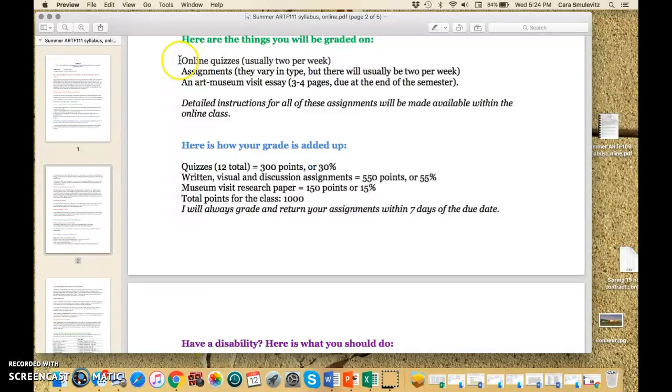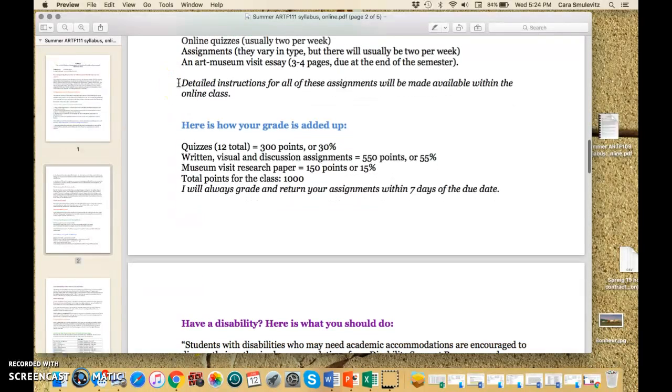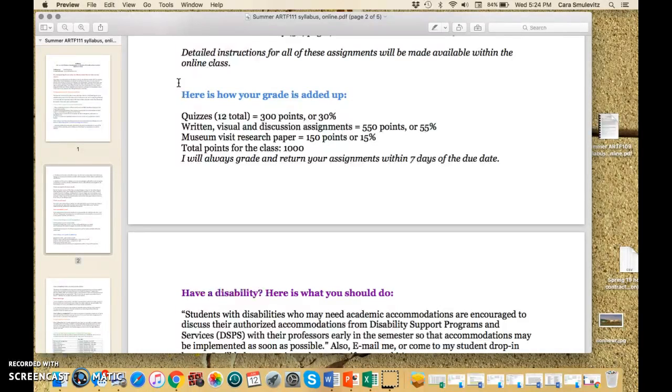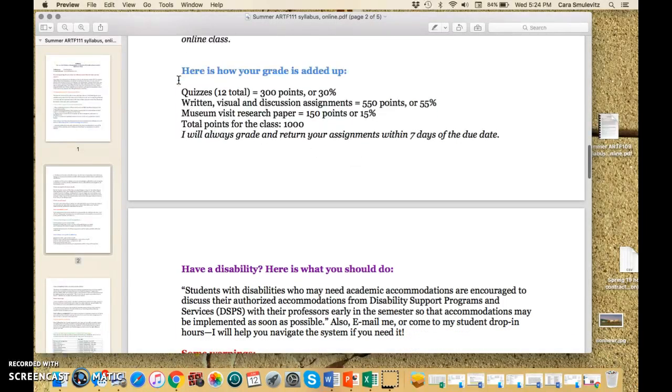So you've got quizzes, assignments every week, 2 per week if you were in the summer class, and then at the end you've got this art museum visit essay. There's instructions for all of this online. So you don't need to remember it all now. This is just so you kind of know what it is, and then everything's available for you online with detailed written instructions or instruction videos sometimes.